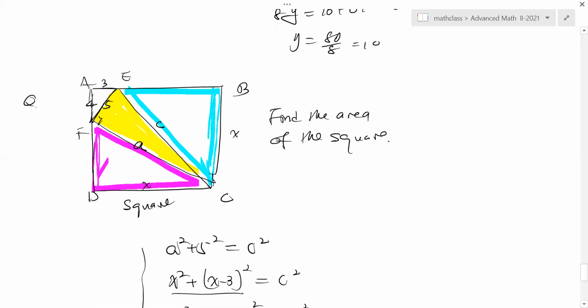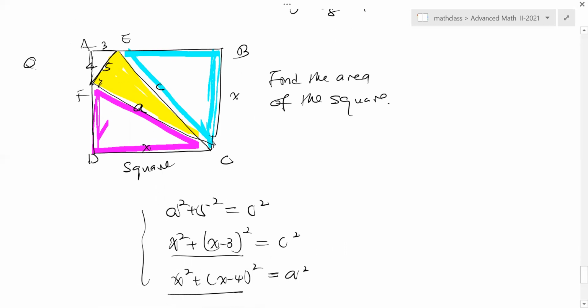Then you apply the Pythagorean theorem to each right triangle, and you write down all the equations. Then you can quickly get an equation in x. This A replaced by this A, this C replaced by this C, you get an equation in x. Then you solve it.